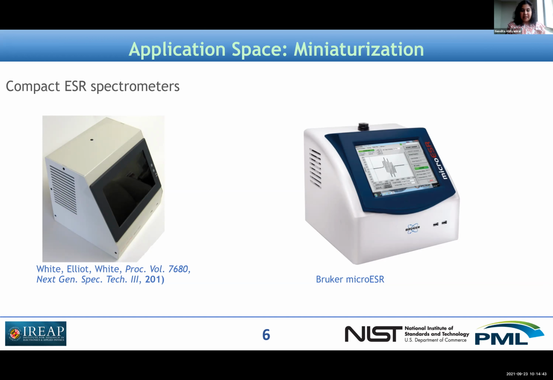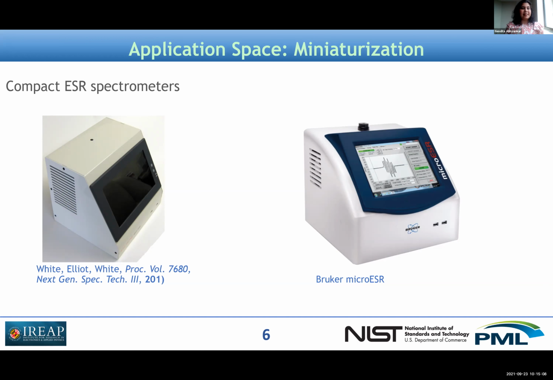But over here, in the two compact ESR spectrometers that I could find in the present day, they use glass tubes of 2 millimeter internal diameter. And so if we can reduce the sample size even further, then that would enable more compact spectrometers.